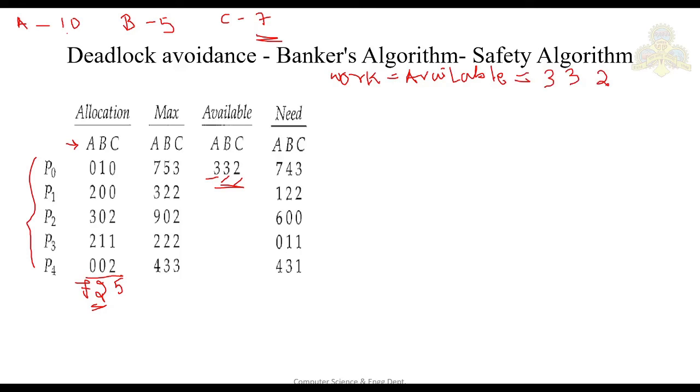332. Okay, then in step 1 only we had finish of i is equal to false, right? So finish of i is equal to false. That means we have 5 processes in the system, none of these are executed. Okay, I'll write something like this.